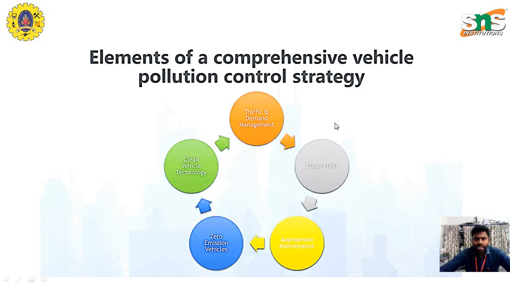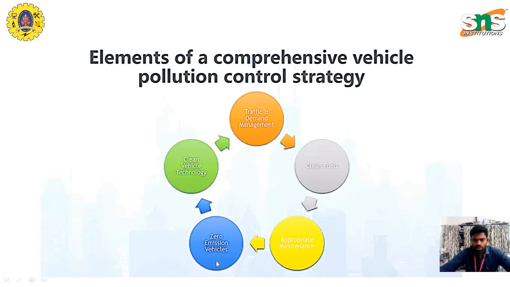To control this air pollution, we have different elements or factors, and it starts from the fuel. We can use clean fuels for pollution emission control. Then appropriate maintenance, which includes engine maintenance. Vehicle maintenance and reconditioning play a major role in controlling the exhaust emissions from the automobile vehicle.